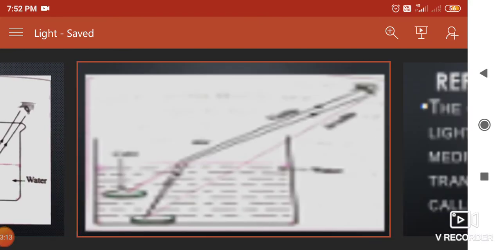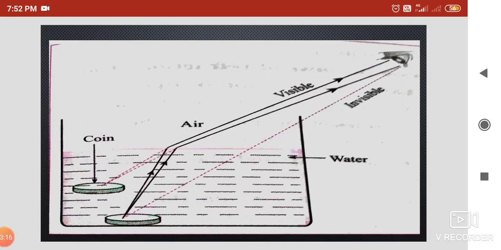You can also see in the next figure that a coin is kept in a shallow vessel, a trough. The actual depth of the water is more, but if we observe the coin from a long distance, the depth of the vessel appears less. So because of refraction, the depth of the water in the vessel appears less.